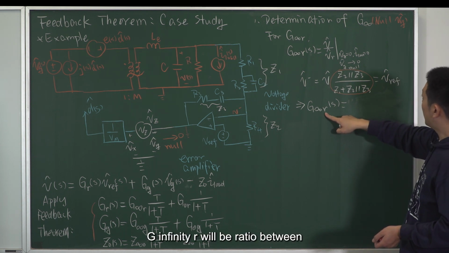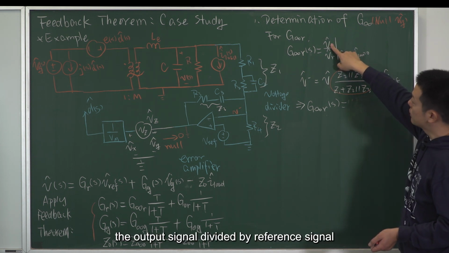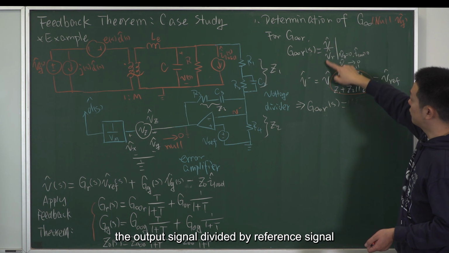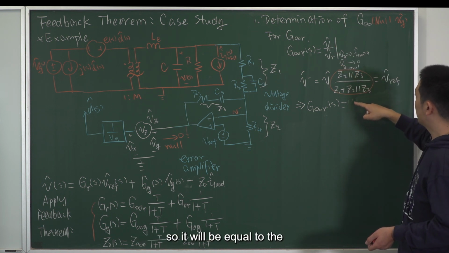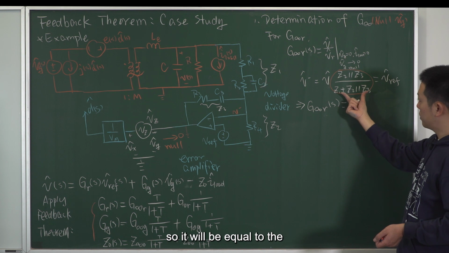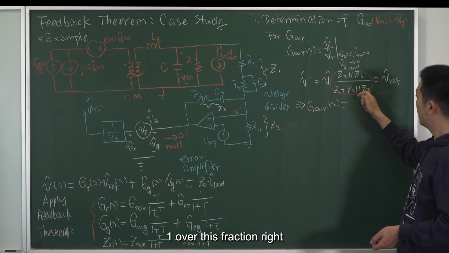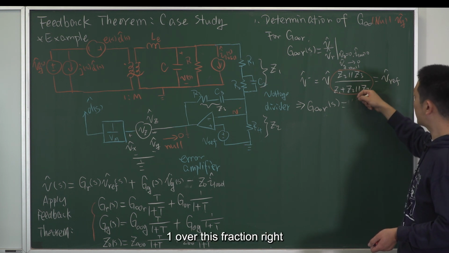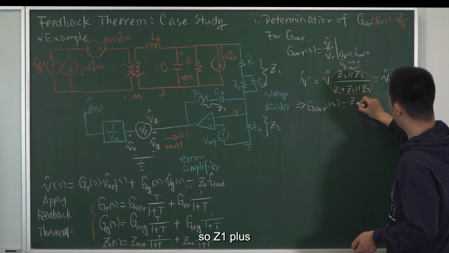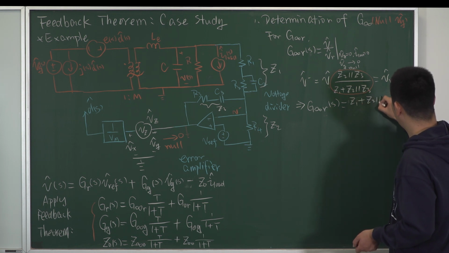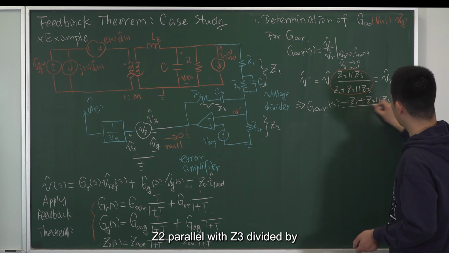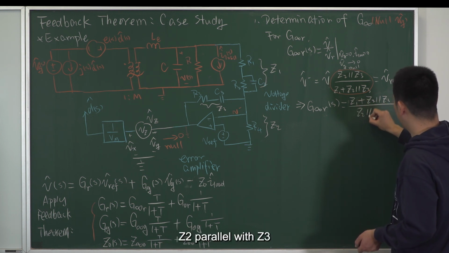G infinity R will be the ratio between output signal and reference signal, so it will be equal to 1 over this fraction, that is, Z1 plus Z2 parallel with Z3, divided by Z2 parallel with Z3.